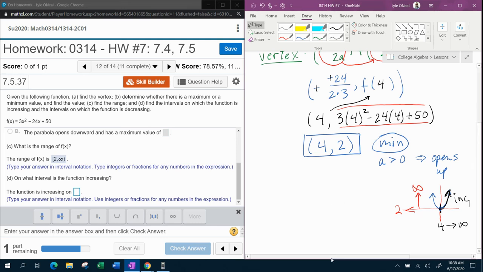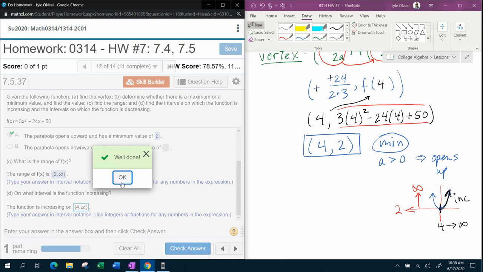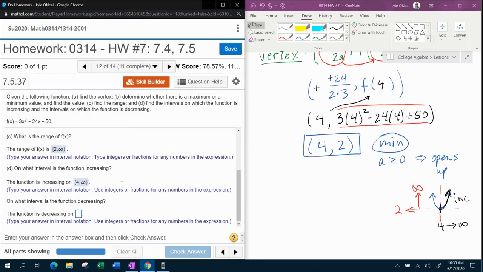Now, when you're doing intervals of increasing, decreasing, and constant, you never use brackets. So it's going to be parenthesis 4 to infinity is the increasing, and the decreasing is going to be on the other side.